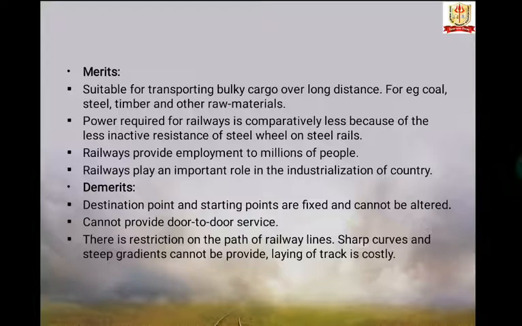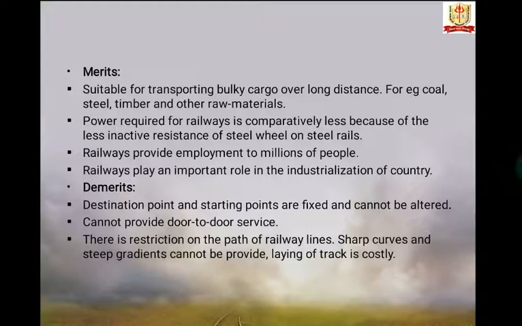Merits of railway: suitable for transportation of bulky cargo over long distance, for example coal, steel, timber and other raw materials. Power required for railways is comparatively less because of the less frictional resistance of steel wheel on steel rails. Railway provides employment to millions of people. Railway plays an important role in industrialization of the country.